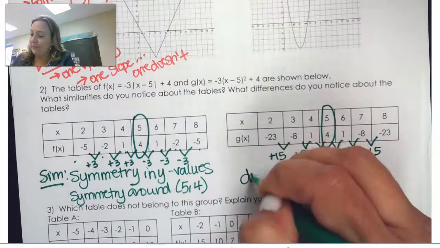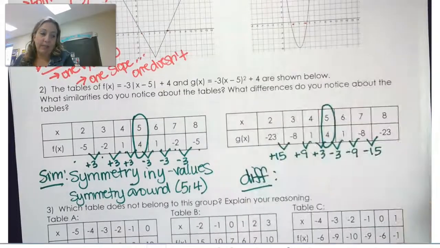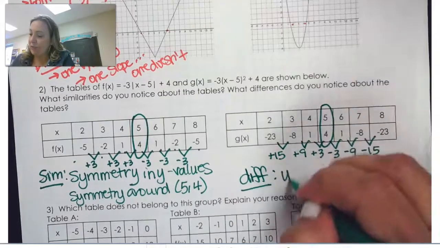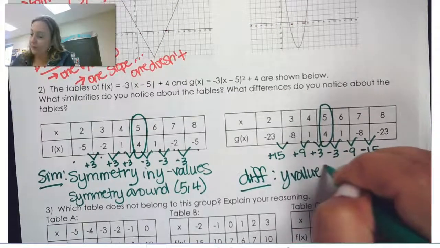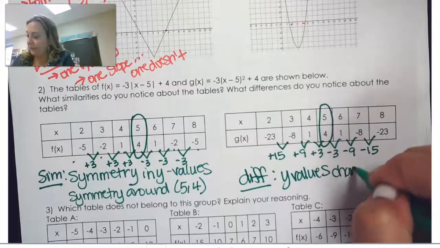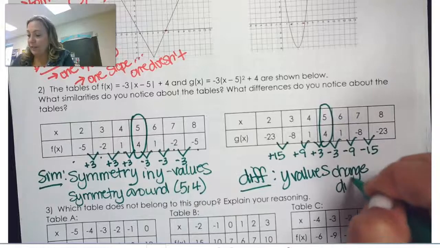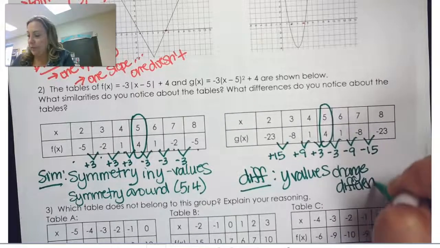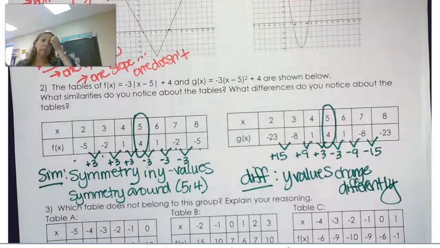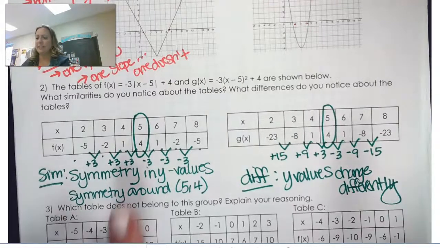So one difference that my students often use is that the y values change differently from one table to the other. So there's symmetry, but these are very different.